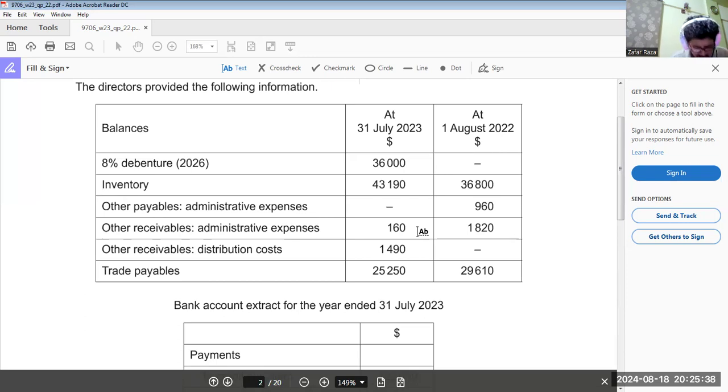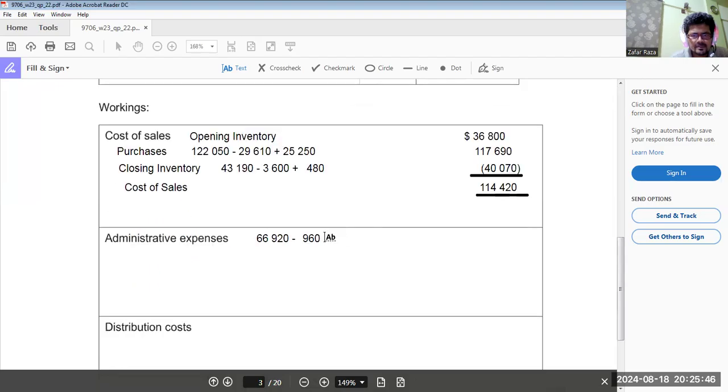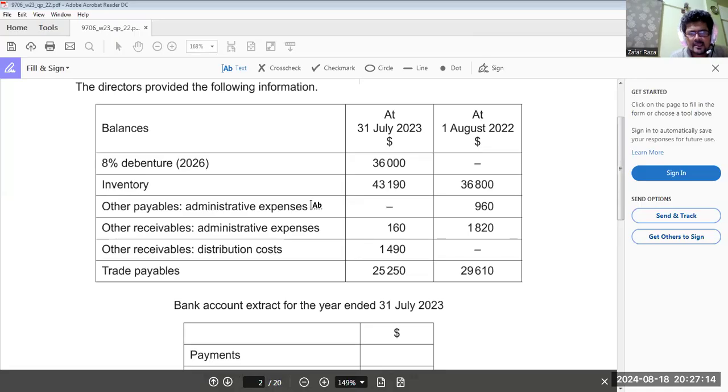So 66,920 minus 960 plus 1,820 minus 160 is 67,620. This is the administrative expense.